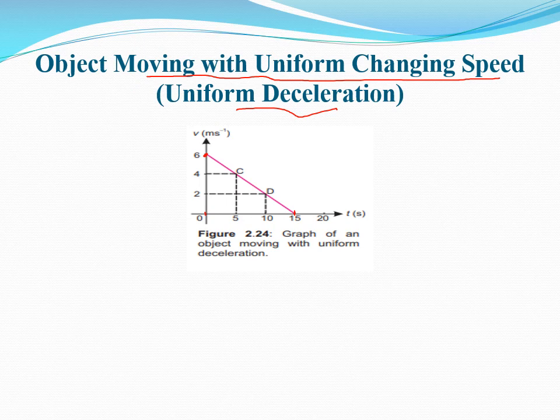That's why it is retardation or negative acceleration. The graph in figure 2.24 shows that the speed of the object is decreasing with time.